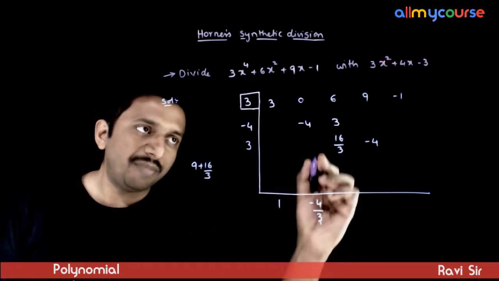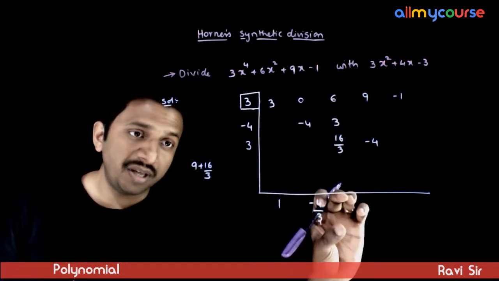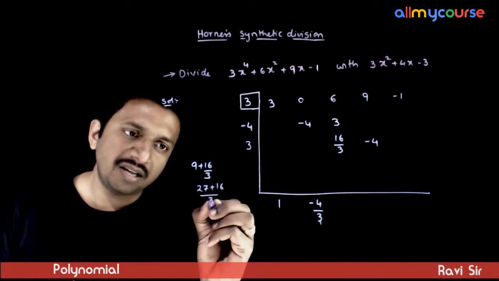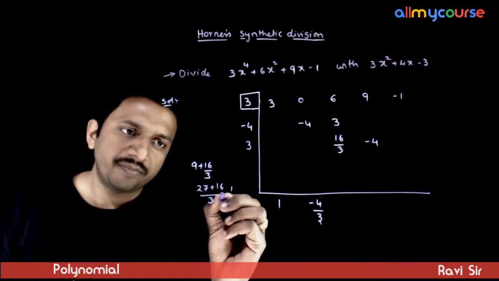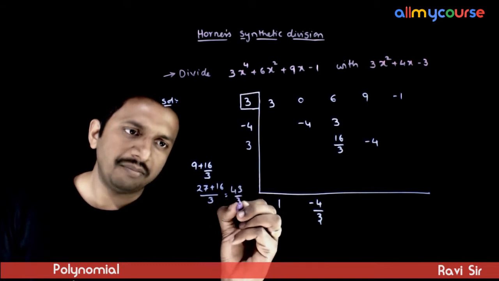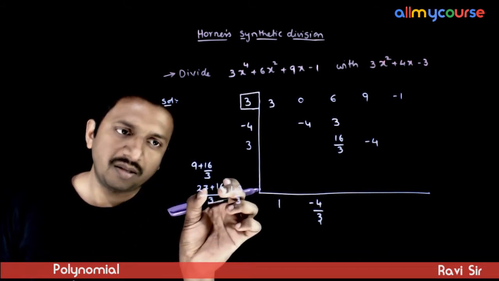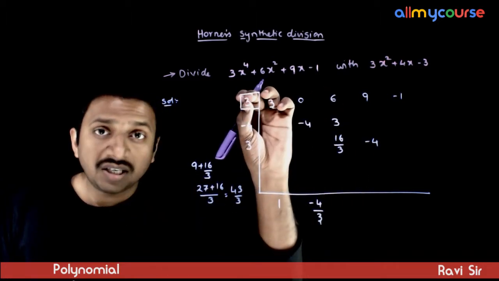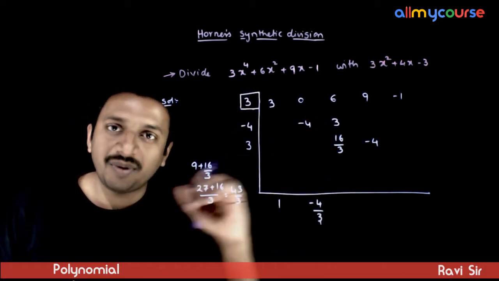So 43 by 3. So the number that would come here is 27 plus 16 by 3, that is 43 by 3.